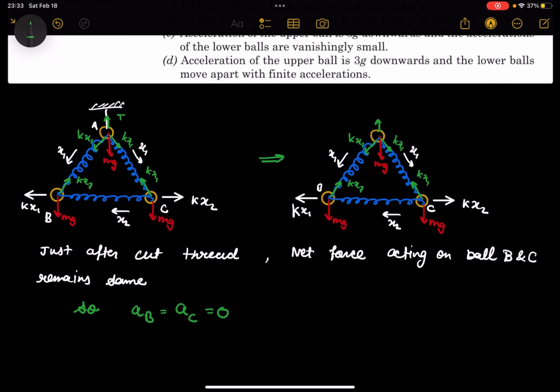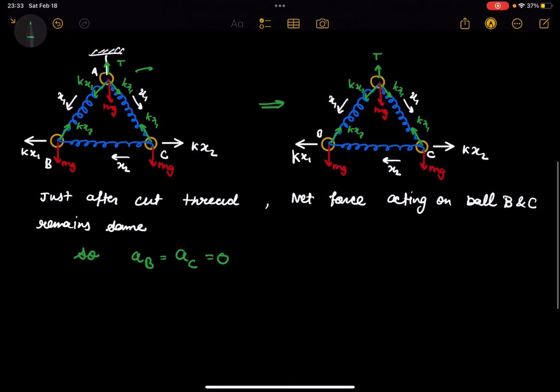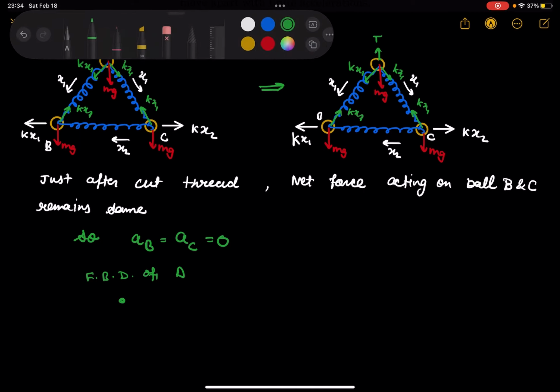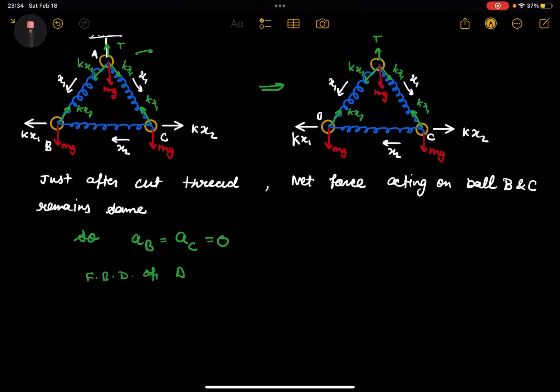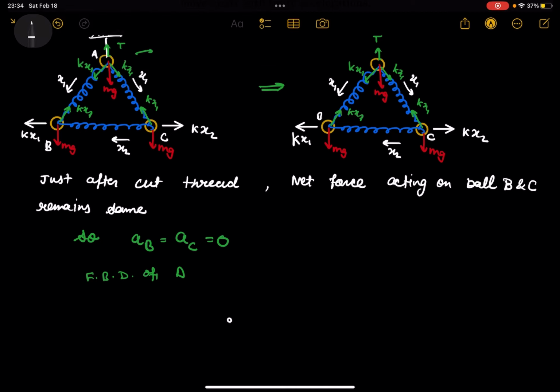Now what is happening, my dear friend? Here the tension T is balanced, which is equal to T initially. In this case, I want to draw the free body diagram of A. In the FBD of A, one force is acting in the upward direction, that is the tension.